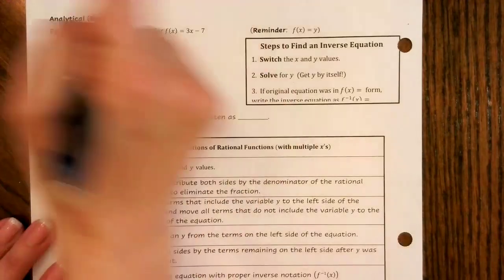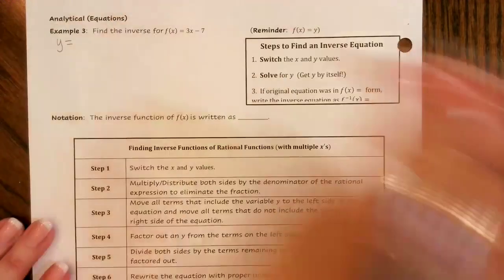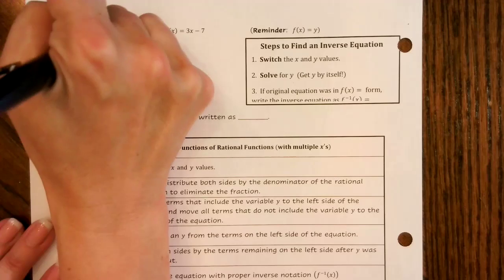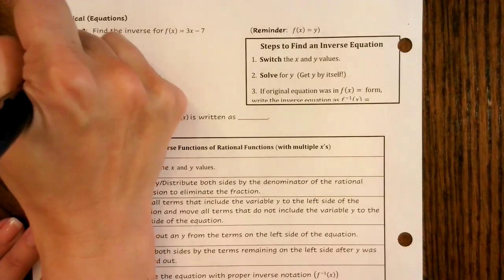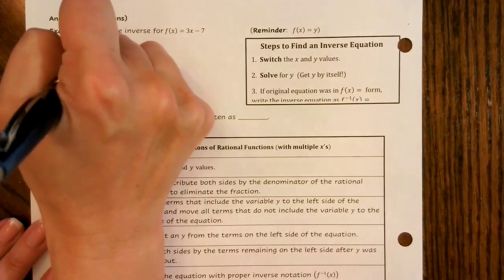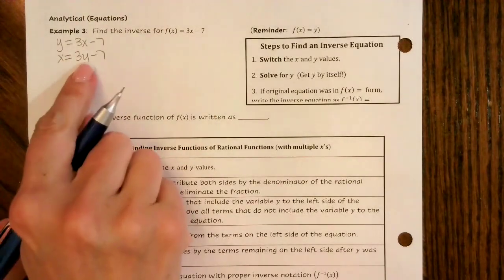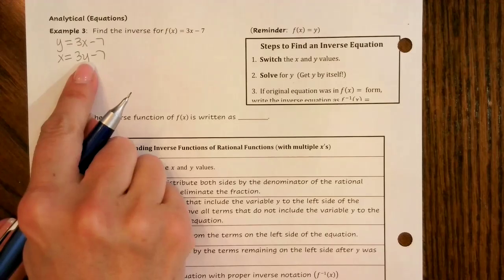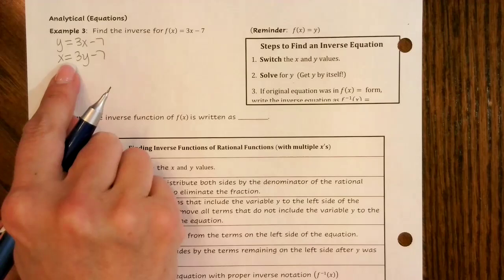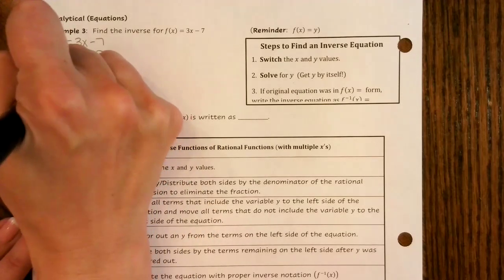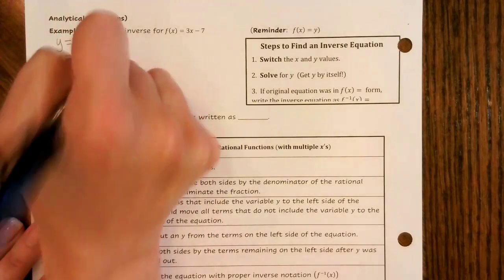So my first step here is I'm going to go ahead and rewrite that as y equals 3x minus 7, so that I have the x and y to switch. Now we switch that x and y. In math, though, we never leave the dependent variable inside the equation, so we want to solve for this y. So I'm going to bring the negative 7 to the other side of the equal sign, and we do that by adding 7.